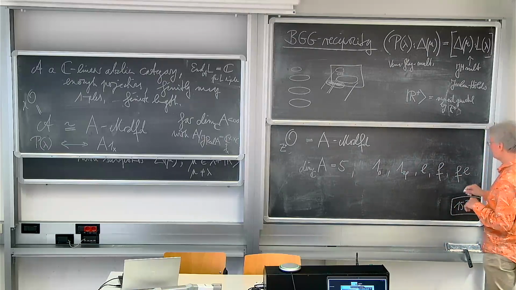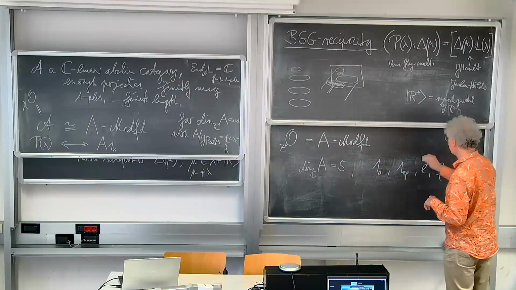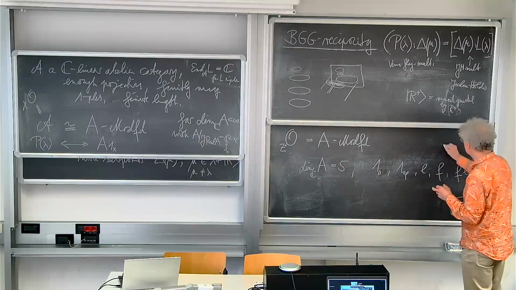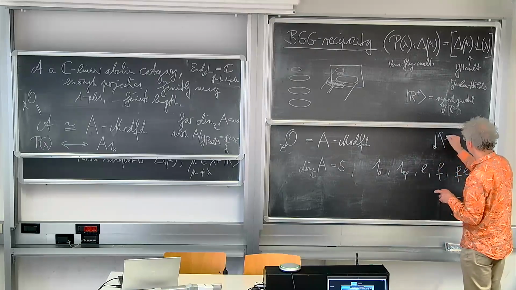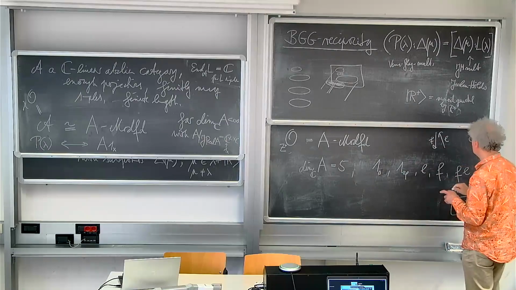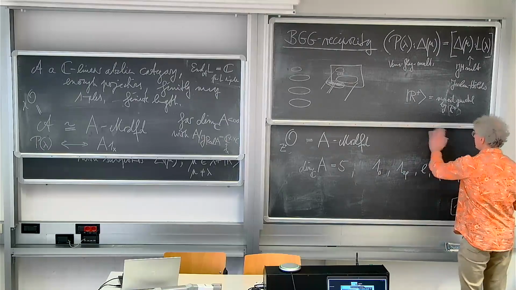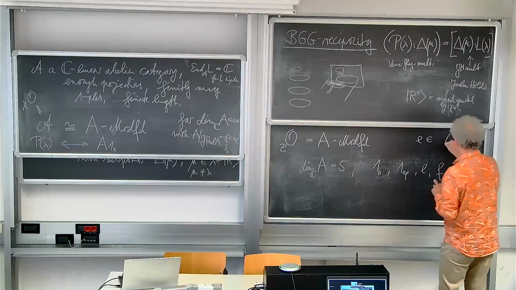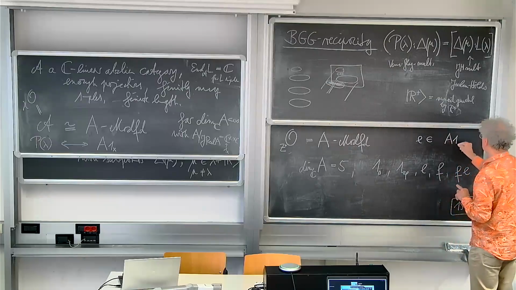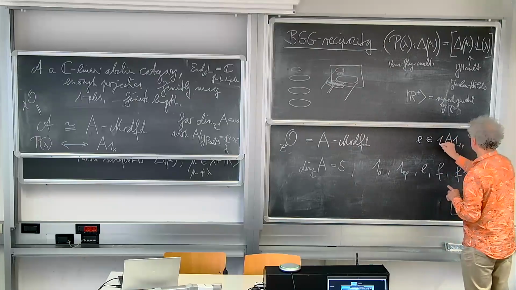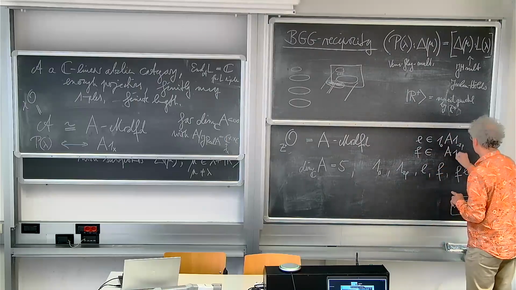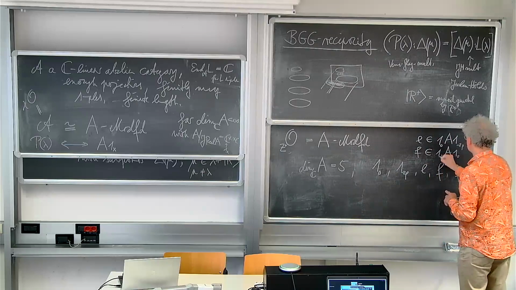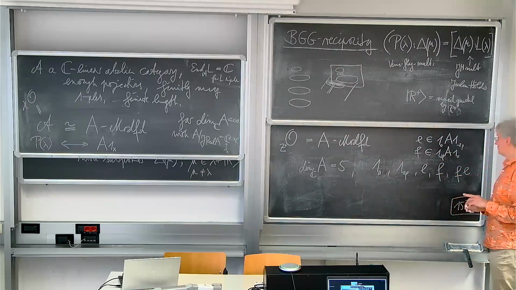Now the multiplications: we have the idempotents here, we have E going up and F going down. So E would be in 1_{-2 rho} A 1_0, and F would be in 1_0 A 1_{-2 rho}.